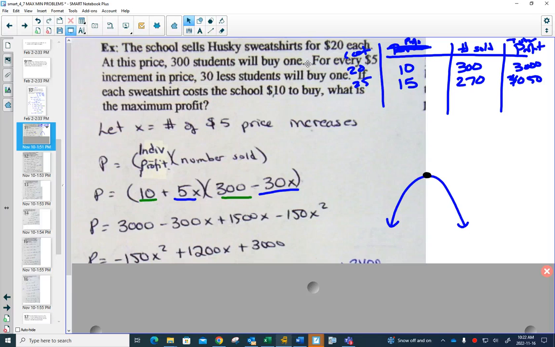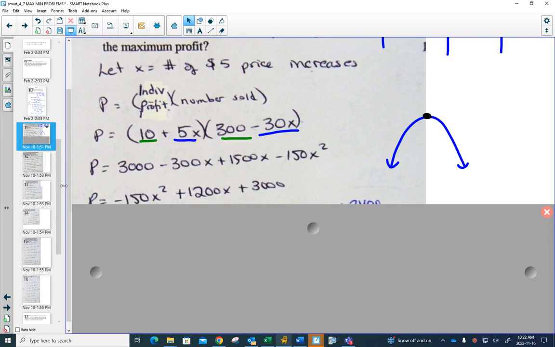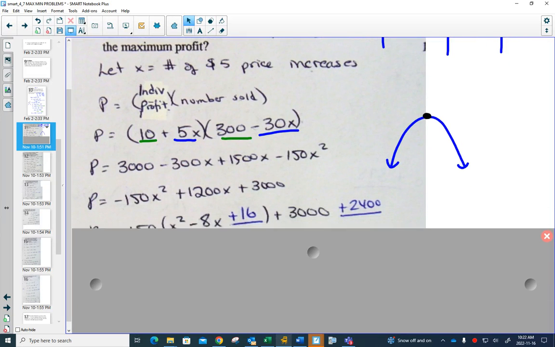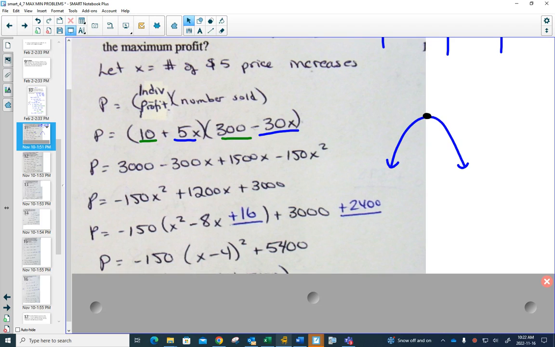So we have to complete our square and change to vertex form. Factor out the 150. So you take the 150 out of the first one and the 1200, the 3000 stays outside the brackets.